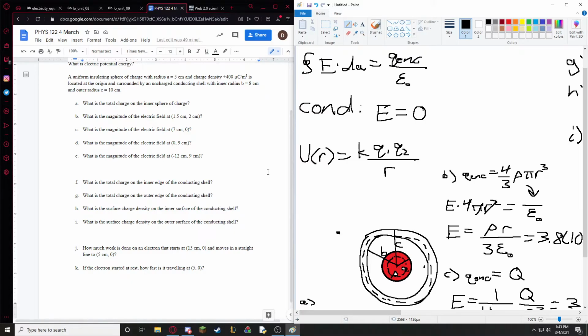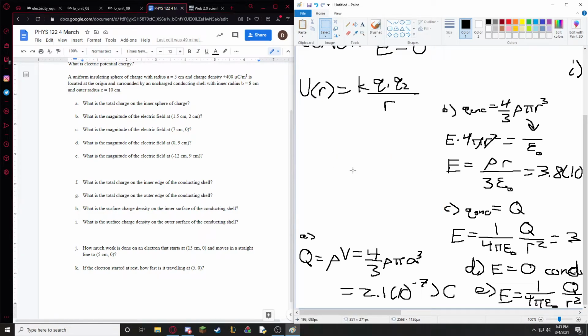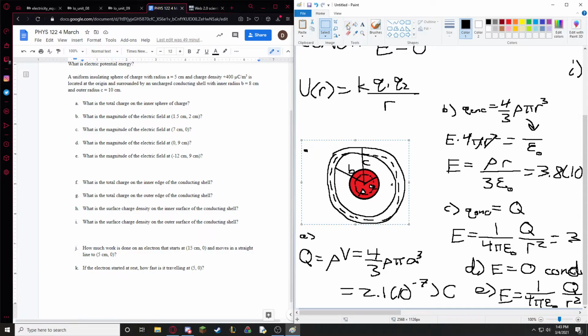So now let's go ahead and take a look at electric potential energy. We're going to have an electron that starts out at a radius of 15 centimeters. Actually, go ahead and move this over. Perfect. So we're going to have our electron start somewhere out here, and it's going to move in a straight line this way.